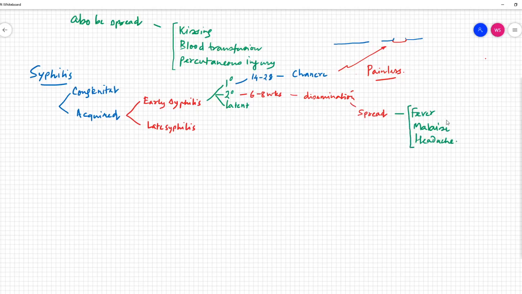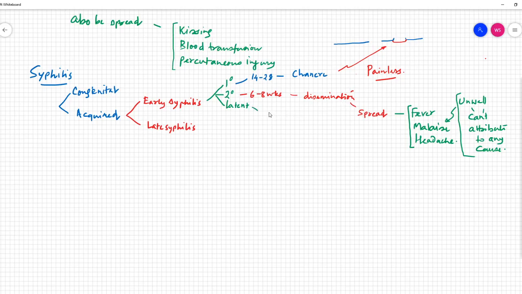Okay. Malaise is a feeling of you feel you are unwell, but you can't attribute it to any cause. Okay, you know you are unwell, but you do not know why you are unwell. So that feeling is called malaise. And headache we all know. Okay, so systemic symptoms you find when you have secondary syphilis.